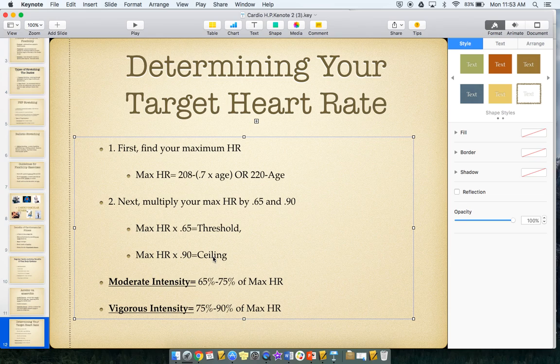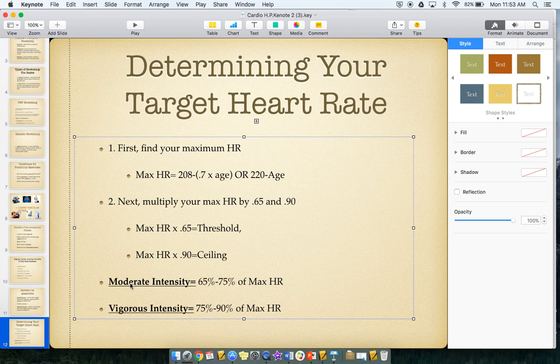So when you do it, as a 14, 15-year-old kid, your max heart rate is 206, and you would multiply that 206 times 0.65, which for you would be somewhere around 130. I don't know the exact number, and the max would be somewhere around 180. But you need to know how to do the exact numbers for this.